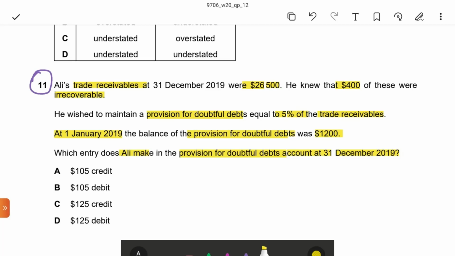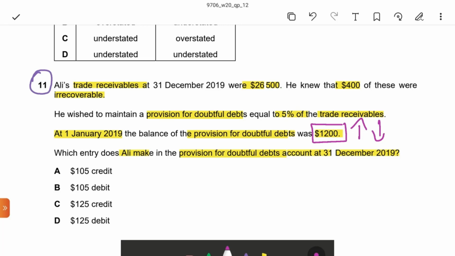Provision for doubtful debts is always entered in the income statement. Since they have given the opening provision, we have to check whether the provision is increasing or decreasing. Increasing will be debited in the income statement. Decreasing will be credited in the income statement.